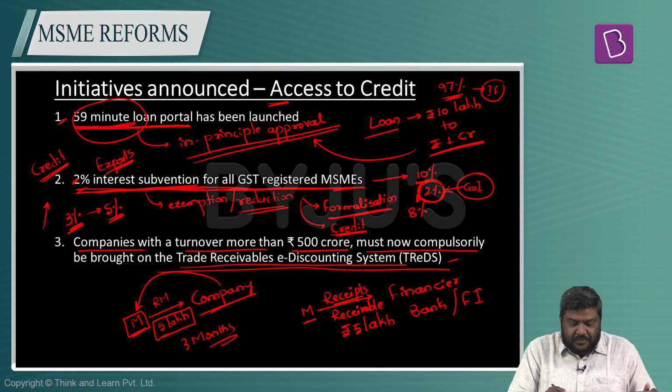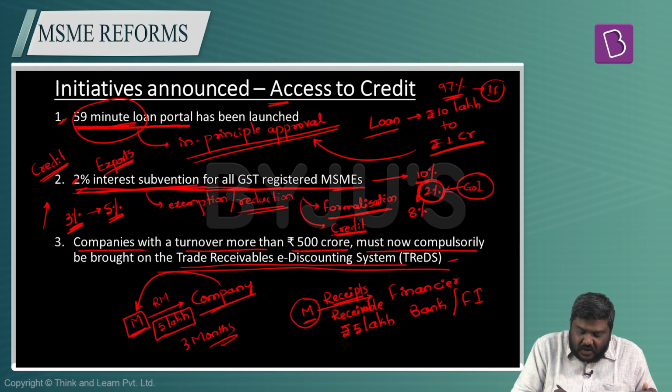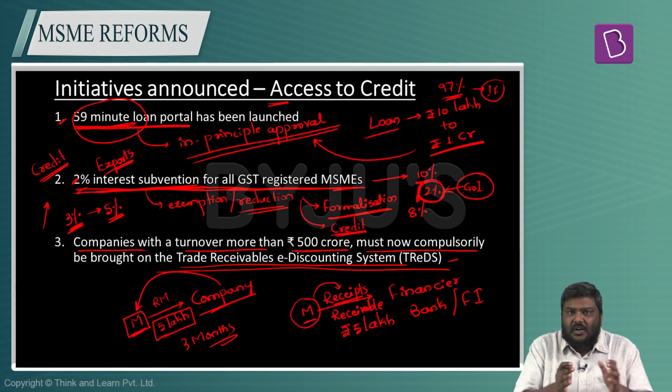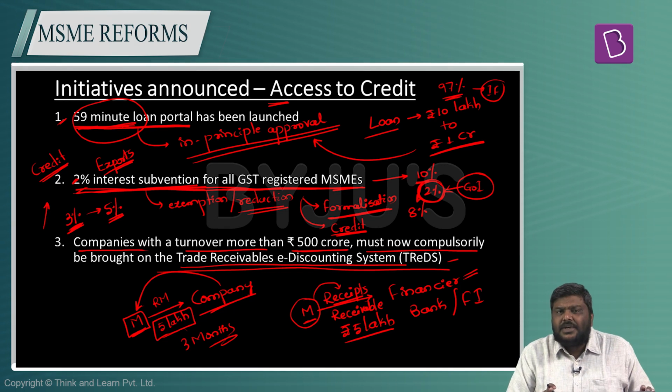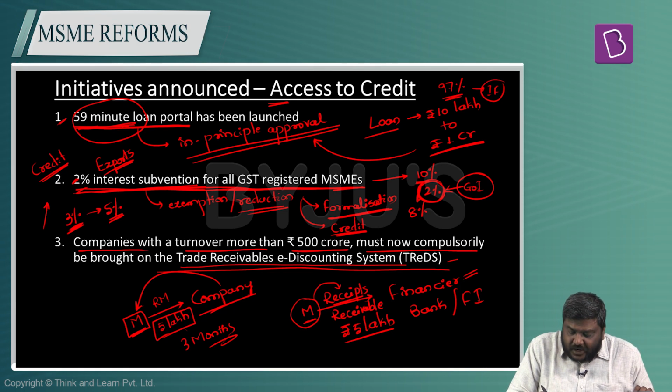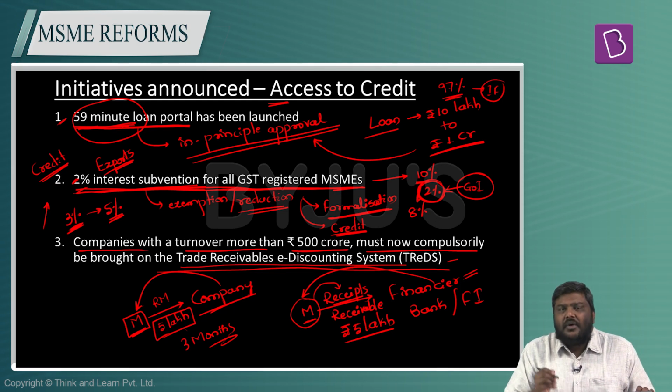The process is, this micro enterprise will list this receipt on an online platform. Various financial institutions will start bidding for this receivable, and the financial institution which quotes the lowest discounting rate will enter into an agreement with this micro enterprise.